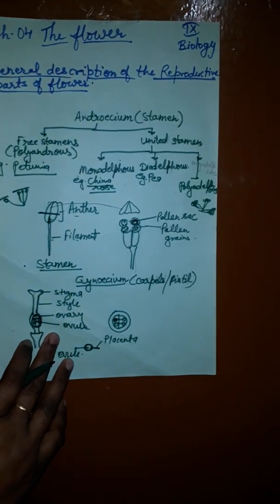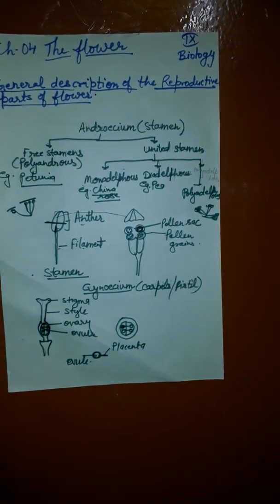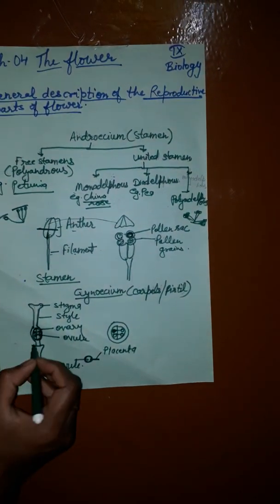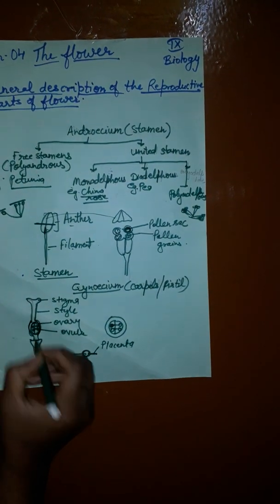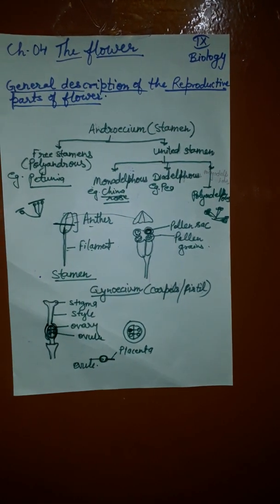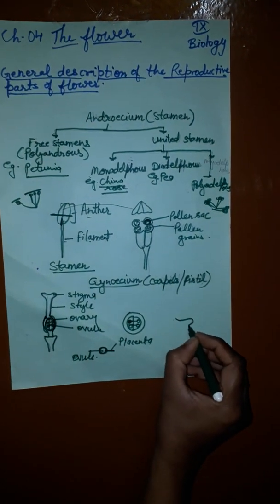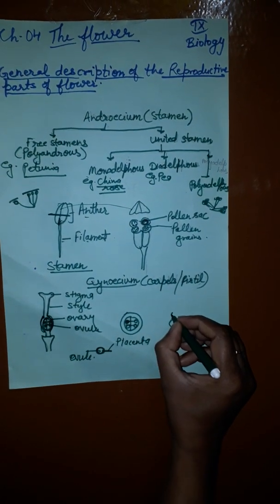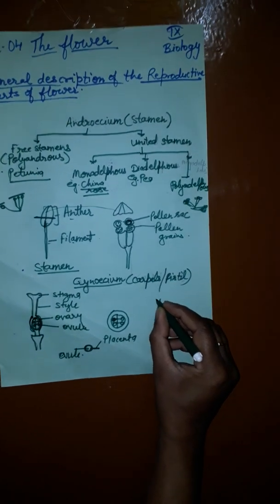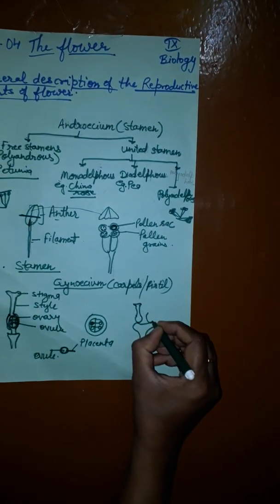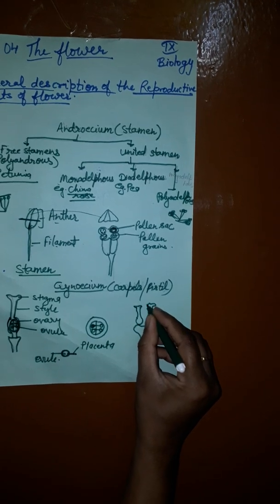When the gynoecium has one carpel, it is called monocarpellary condition. And if it contains two carpels like this, this is the base, this is style and this is stigma.